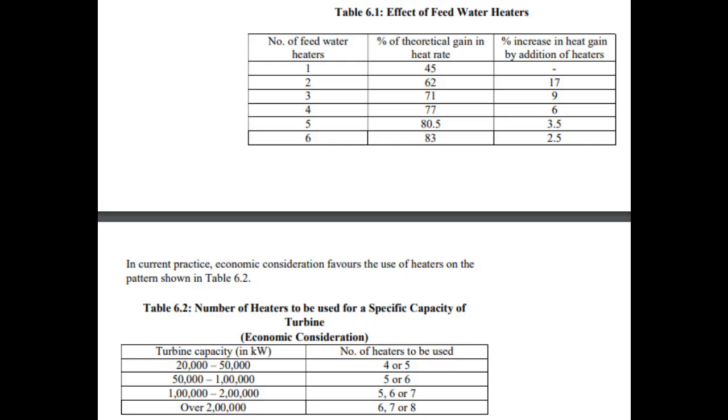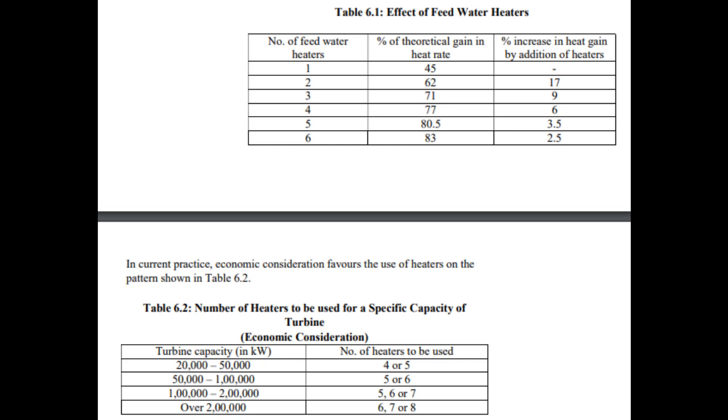Table 6.1, Effect of feed water heaters. Look at the screen. In current practice, economic consideration favors the use of heaters on the pattern shown in Table 6.2. Table 6.2, Number of heaters to be used for a specific capacity of turbine.